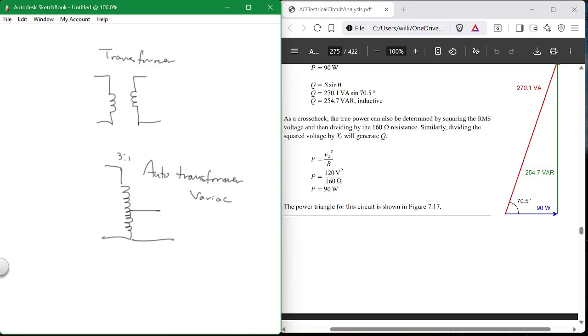Now I'm going to ask you, current, let's say is 100 milliamps going in. Turns ratio is out. What's going out over here? 300 milliamps. Where did the 300 milliamps come from? I know, but I only have 100 going in, and I've got 300 coming out.